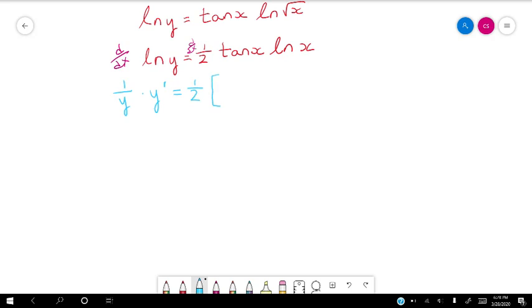And again, you can just move that constant out to the front and then worry about it after. So we're going to take the derivative of tan x natural log of x using the product rule. So we'll do the first function times the derivative of the natural logarithm plus the natural logarithm times the derivative of the tangent.